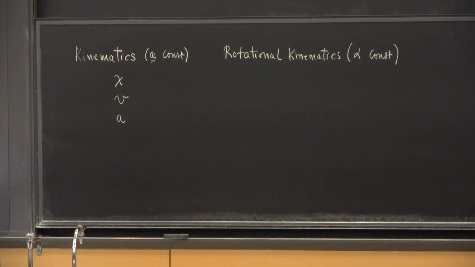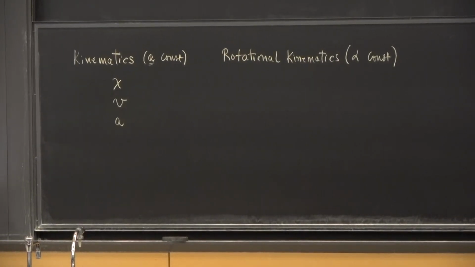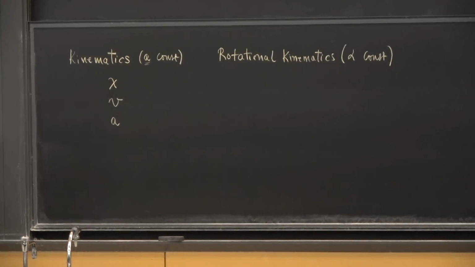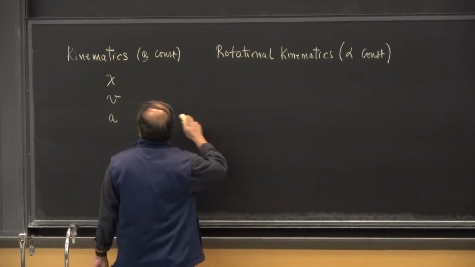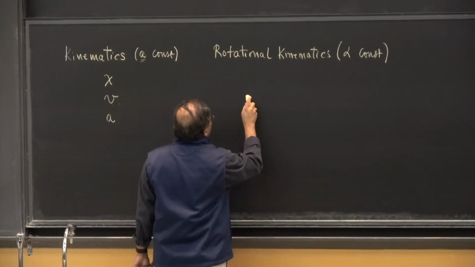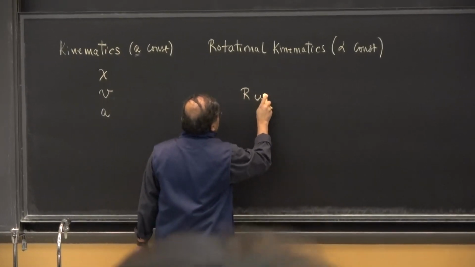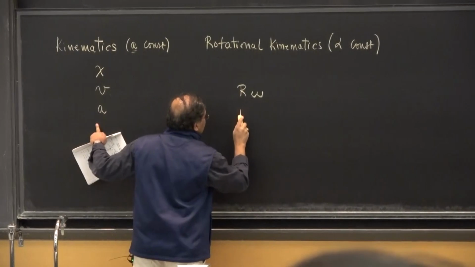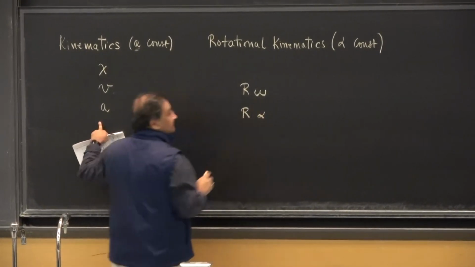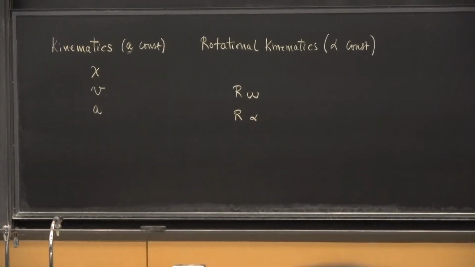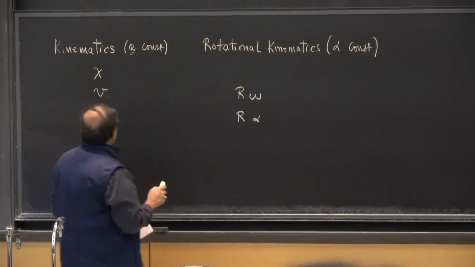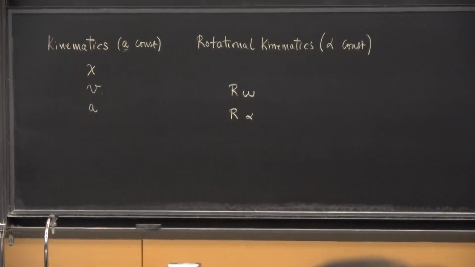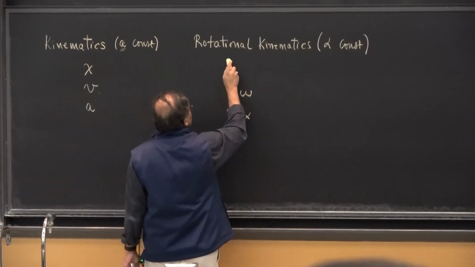That means the speeding up or slowing down of the rotational motion is constant. And it turns out that v is r omega, a is r alpha, and it's easy to see that we can relate distance x to r theta. You just multiply with the radius r.